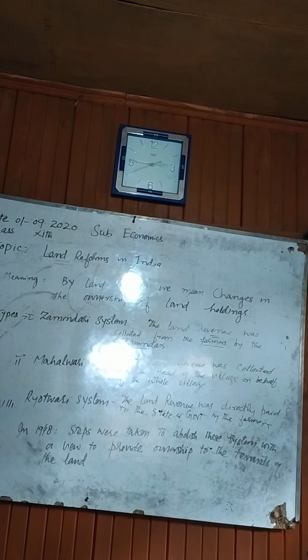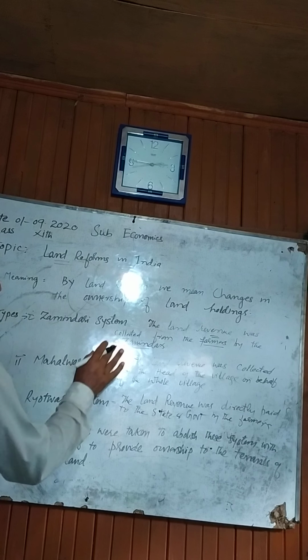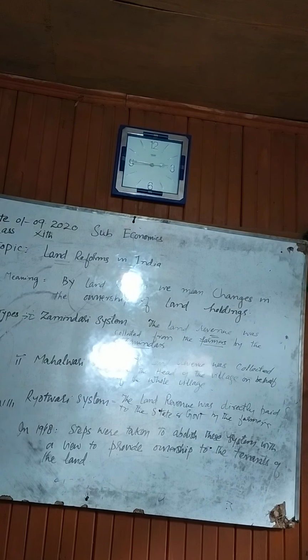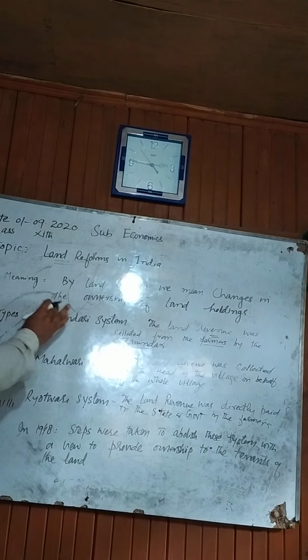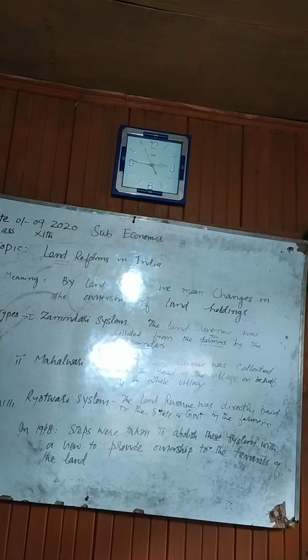The main difference in the collection of land revenue between the Zamindari system, Mahalwari system and Raitwari system was that in the Zamindari system it was collected from the farmers by the zamindar, the owner of the land, and in the Mahalwari system it was collected by the head of the village on behalf of the whole village.